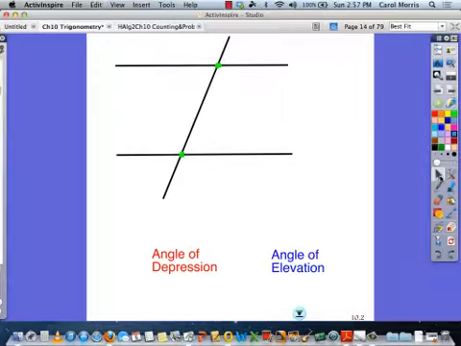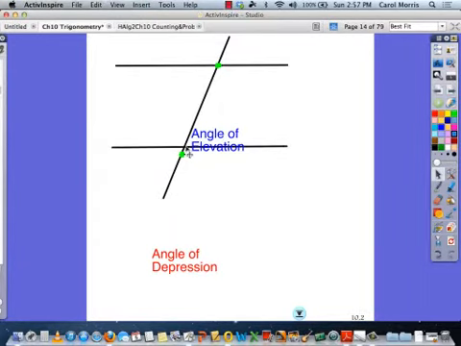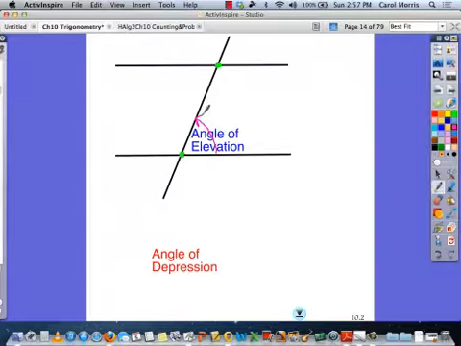And if we say you are the person, and let's just say this bottom horizontal line is ground level, these two always happen from the horizontal. So angle of elevation, if we made this the angle of elevation, so we're here, we're looking up. This angle going from here to here is what we're talking about, the angle of elevation.